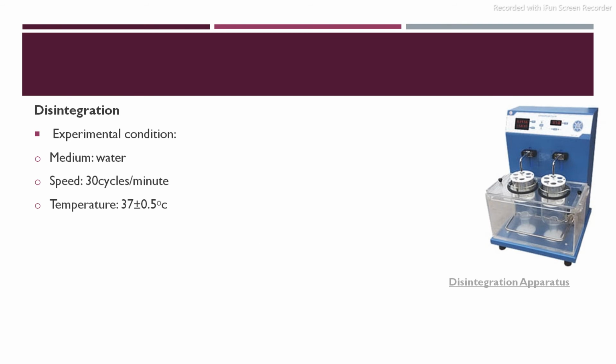So this is the disintegration apparatus shown in this diagram. Sometimes it may contain a single basket instead of two baskets. Here you can consider only a single basket, and this basket looks like this.